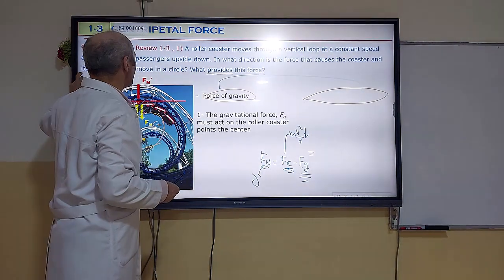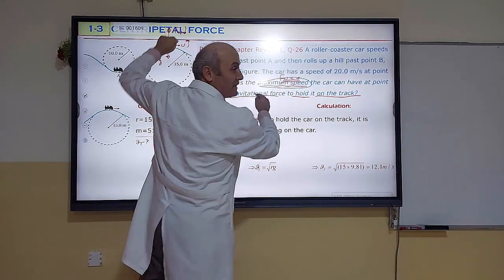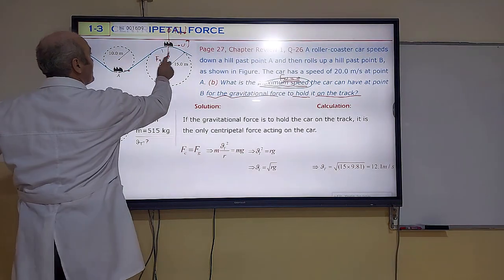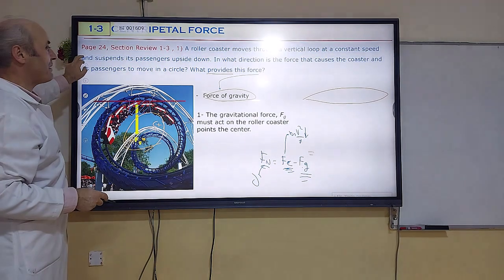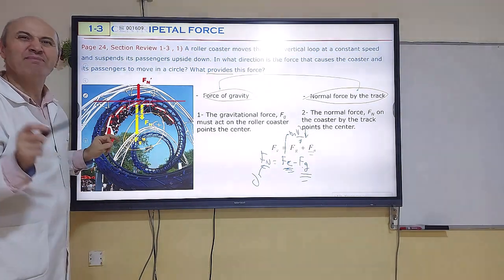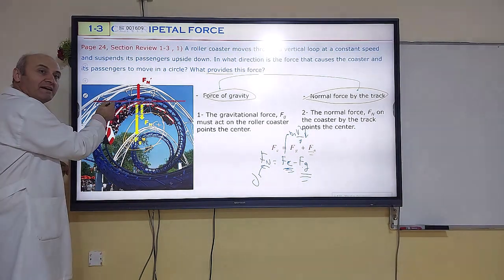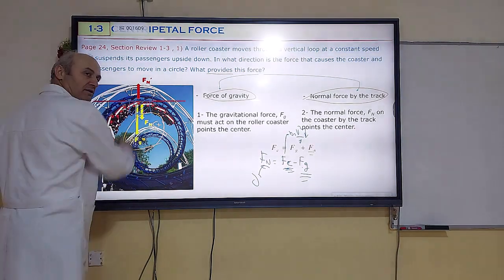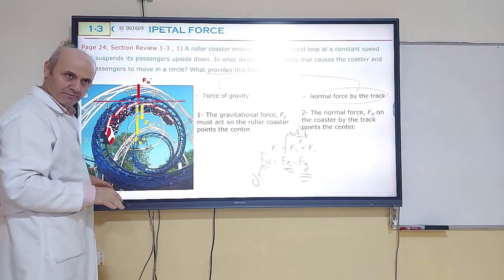When the car is over the track, Fn was 0 at maximum speed. But if the car is turning below the track, at which speed does Fn become 0? At minimum speed. At some minimum speed the car can follow the track. If your speed is less than that, the car will fall from the track. It's going to be a crash.